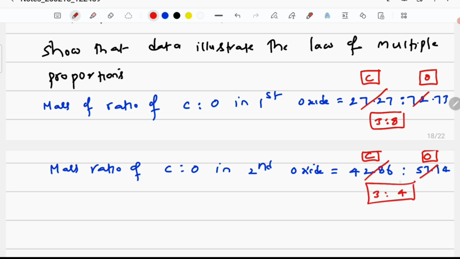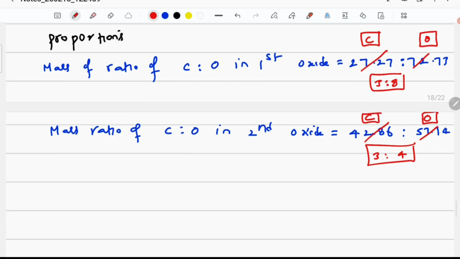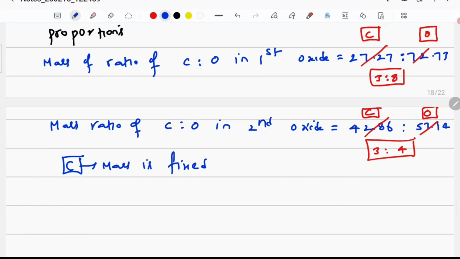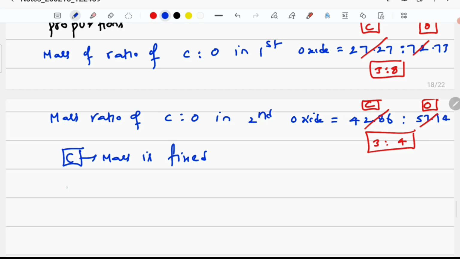You observe among these two oxides, which is fixed here? Carbon mass is fixed. So we need not see the fixed mass ratio. We need to see the oxygen ratio: oxygen in the first oxide to oxygen in the second oxide.